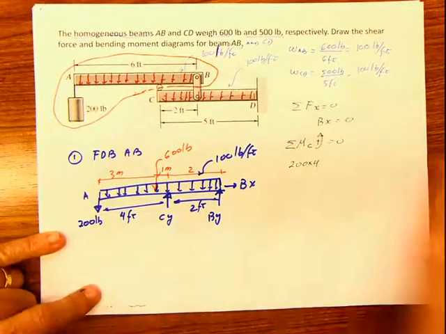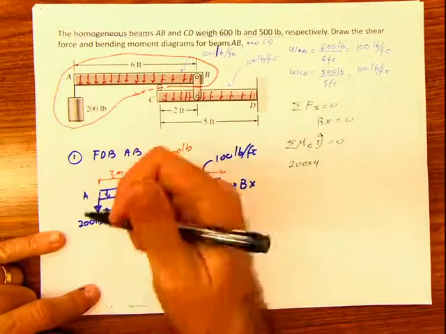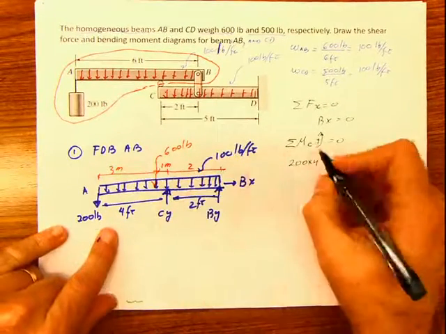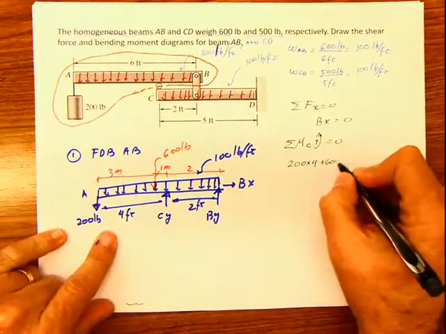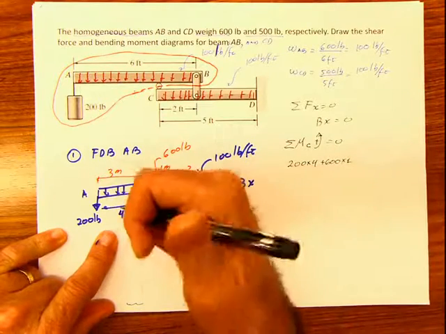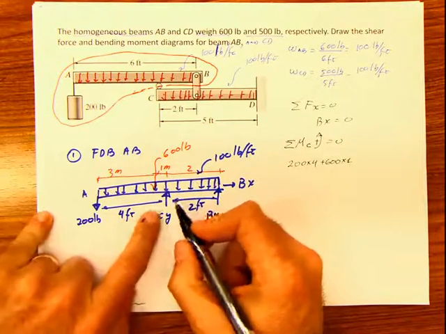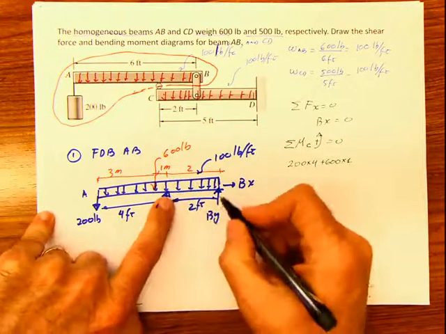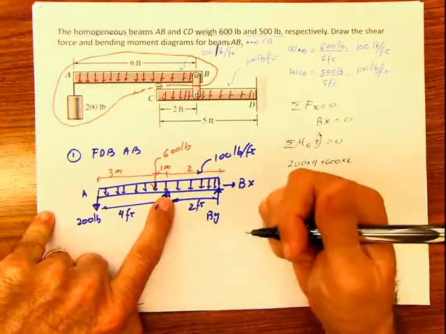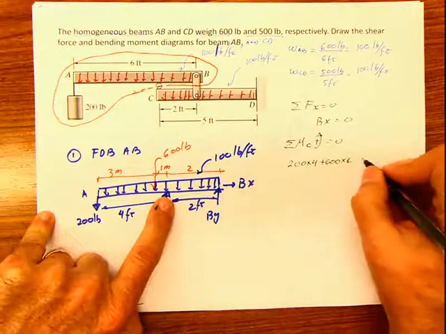So you say 200 times 4, and then 600 times 1, which is the same one here. And then you have this other one, which is By times 2, and it's positive.